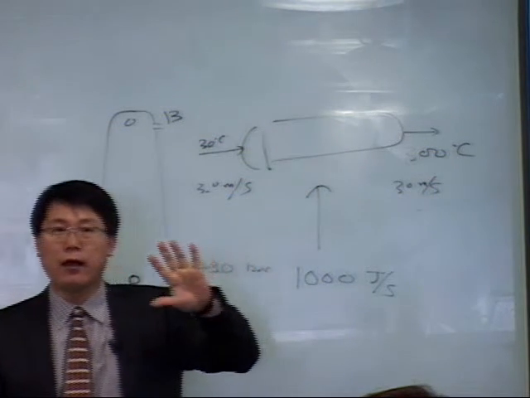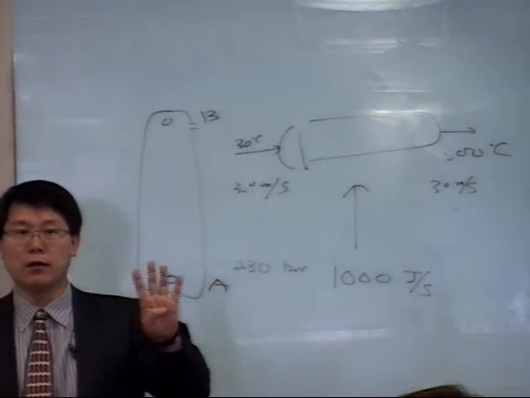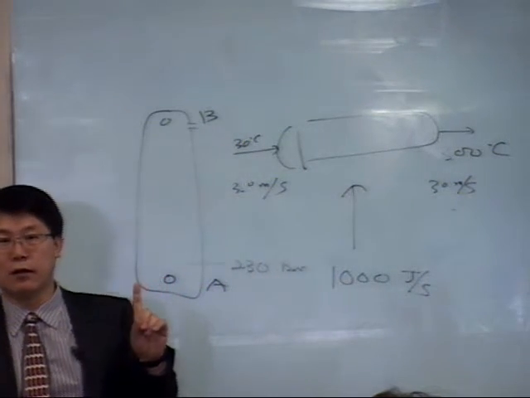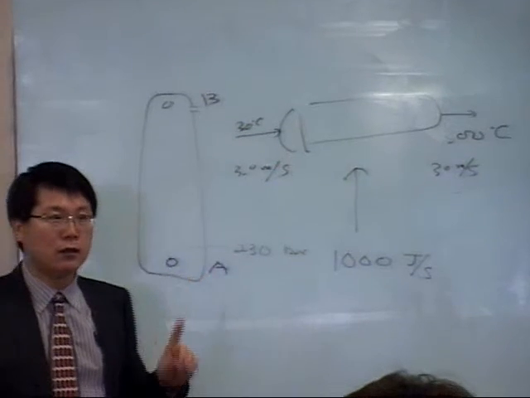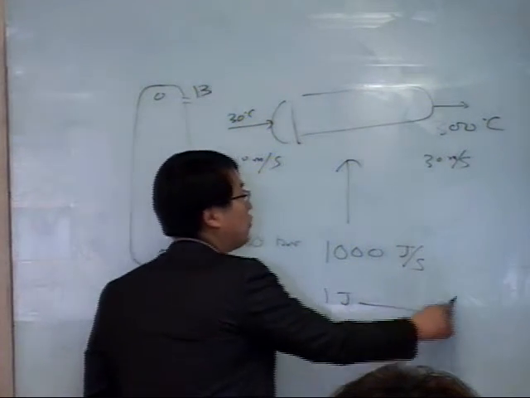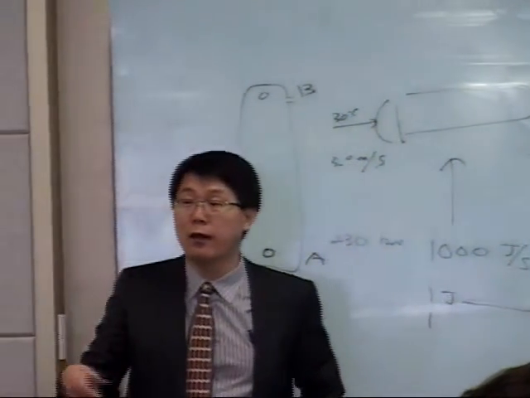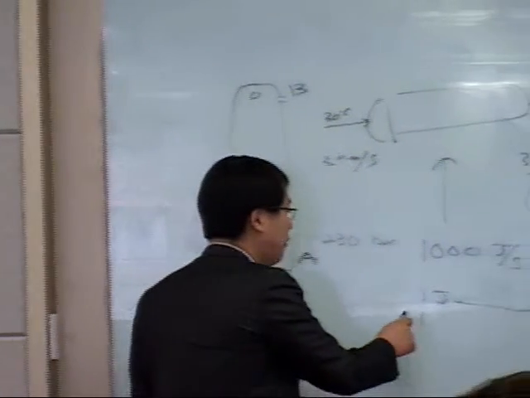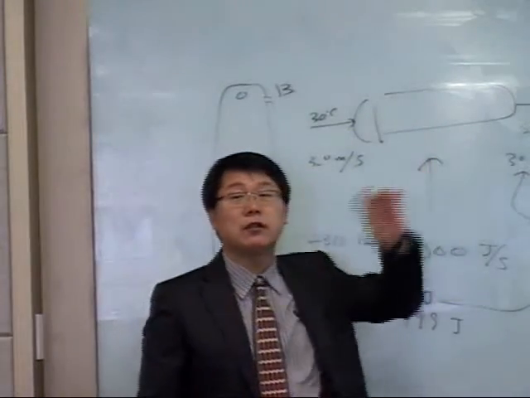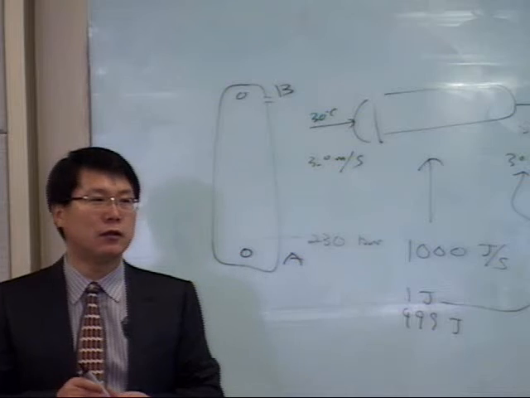In other words, enthalpy change, internal energy, or the kinetic energy. Then how much? Maybe 1 joule is used to increase the velocity, and 999 joule is used to increase the temperature. Understand?